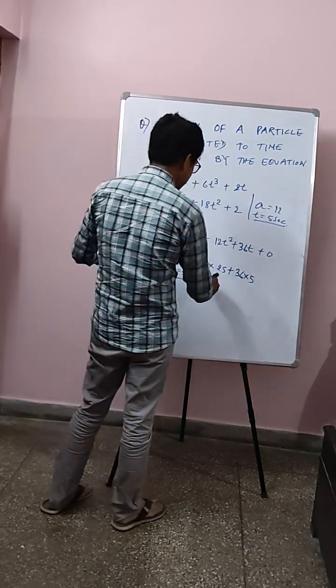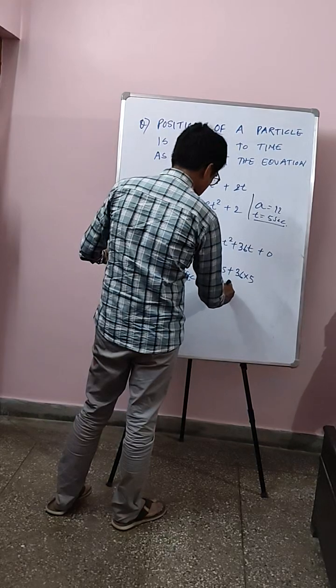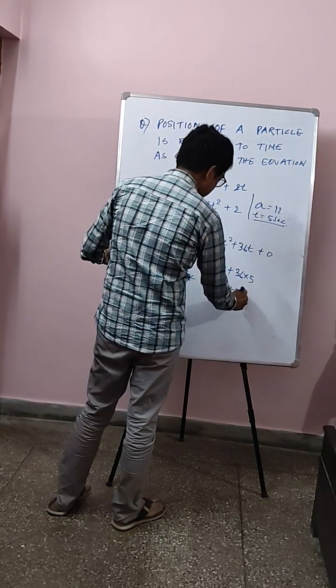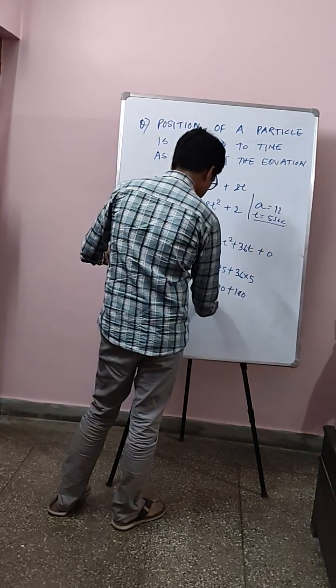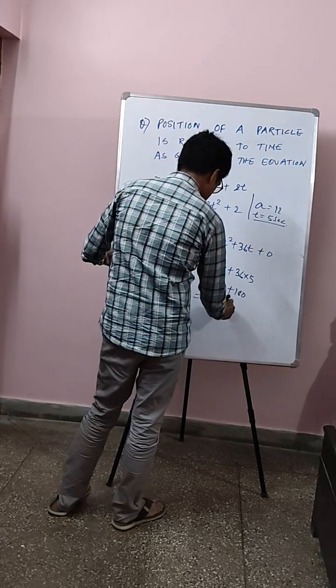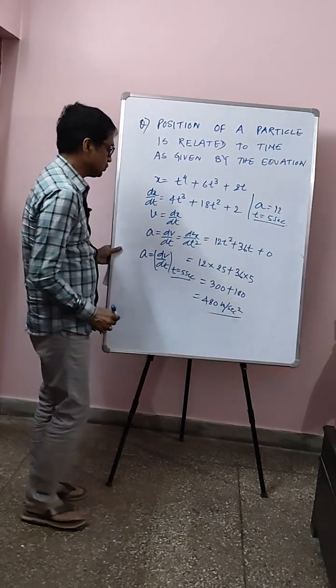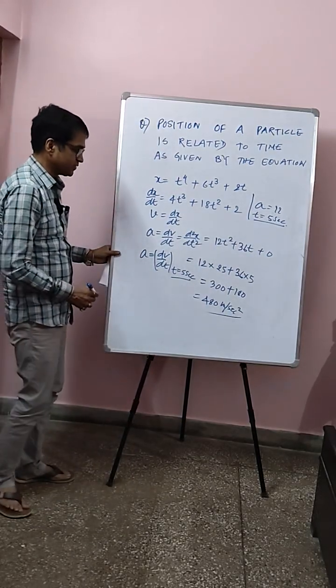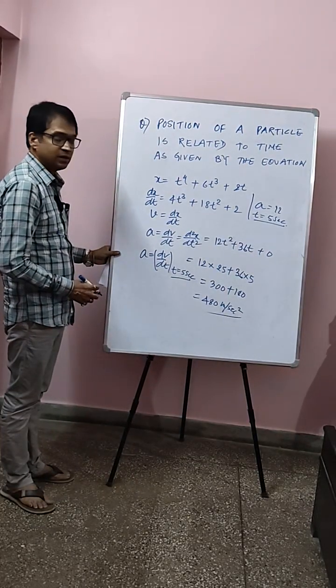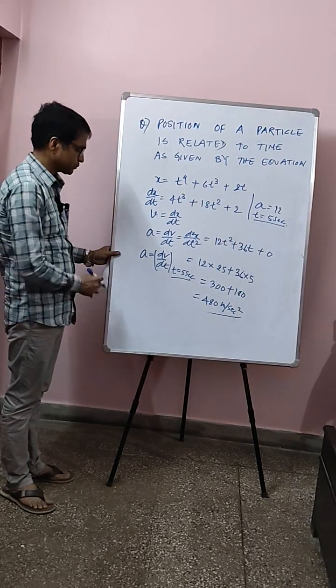So 12 into 25 is 300, plus 180. So what we get for acceleration at t equals 5 seconds is 480 meter per second square.